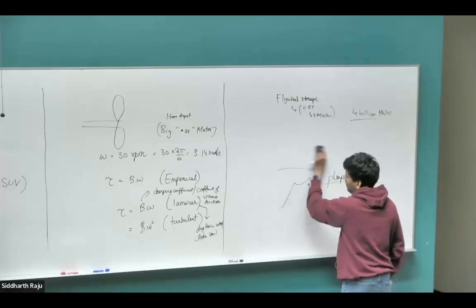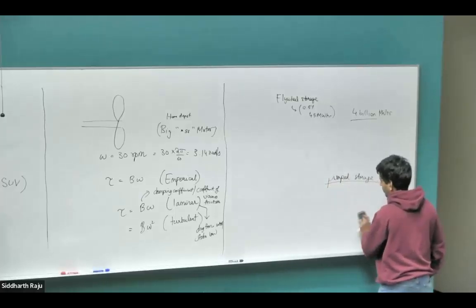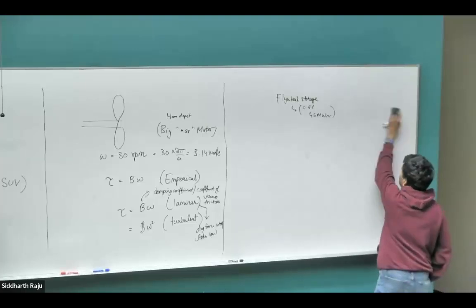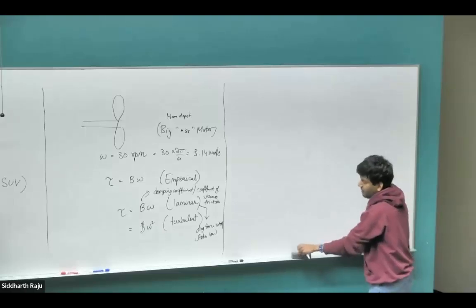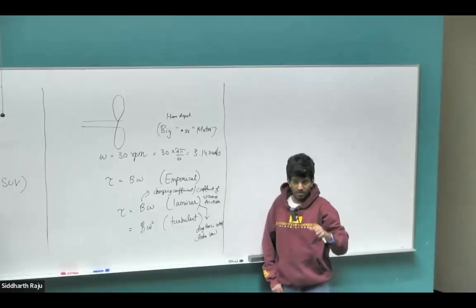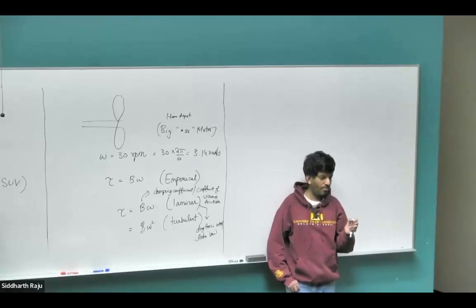So do we intentionally use turbulent flow ever in any application? Or do we always want things to be laminar? I assume everybody knows the difference between laminar and turbulent flow.